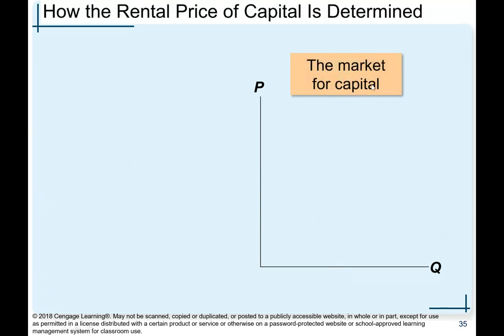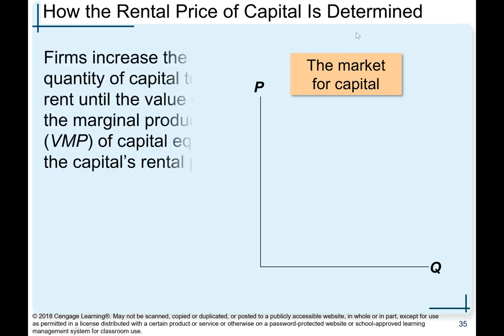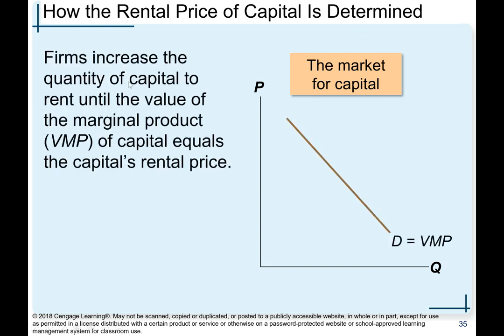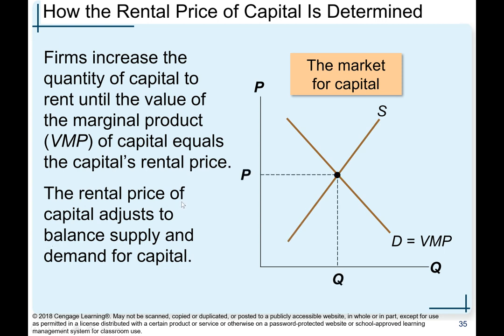What about the capital market? Firms increase the quantity of capital to rent until the VMP of capital equals the capital's rental price, and the rental price of capital adjusts to balance supply and demand for that capital.